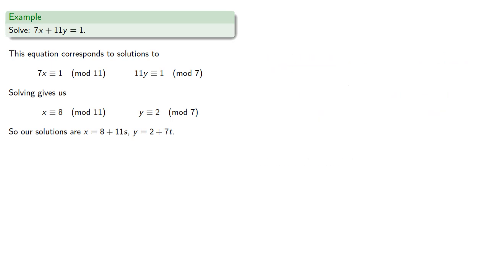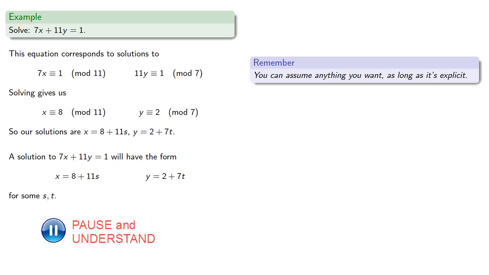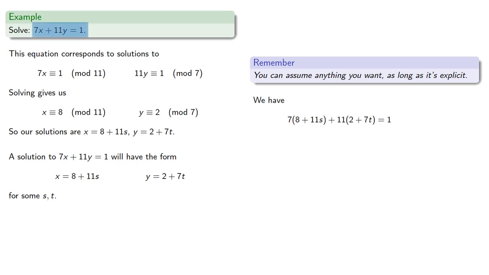So remember, you can assume anything you want as long as it's explicit. A solution to this equation will have the form x equals 8 plus 11s and y equals 2 plus 7t for some values of s and t. So we can substitute those values into our equation, and we find an equation we can solve for one of the variables in terms of the other.